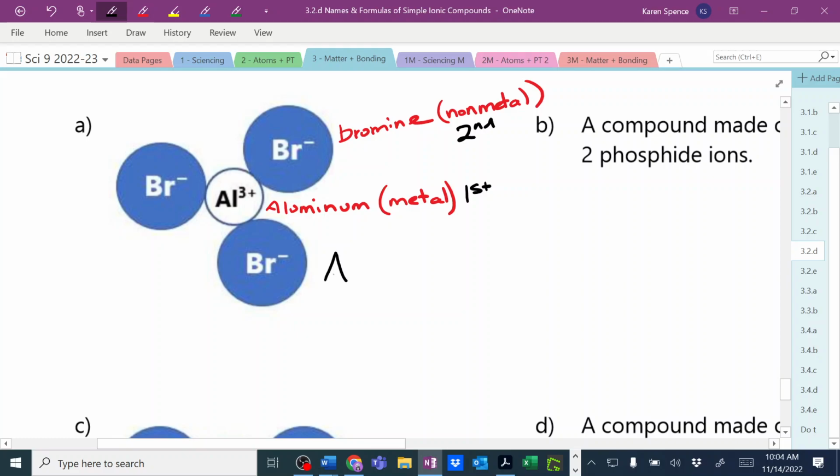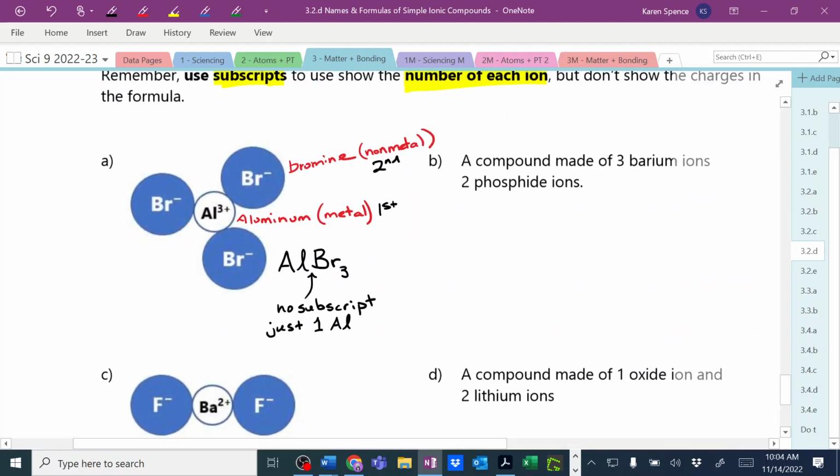So we're going to write Al. And do we have a subscript for Al? No subscript. There's just one Al. And then we write Br, and what do we write beside the Br? 3, because there are 3 of them. So that's how you do this question.